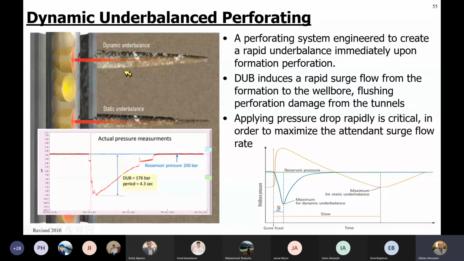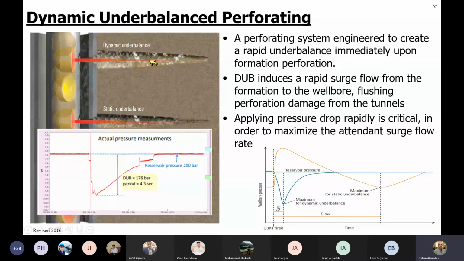And this inflow, for this high pressure drawdown and short period, will clean the perforation tunnel even faster and more efficiently. As you can see in comparison, this is a simulation, but this tunnel has a larger diameter than this tunnel, in the reservoir, in the rock.